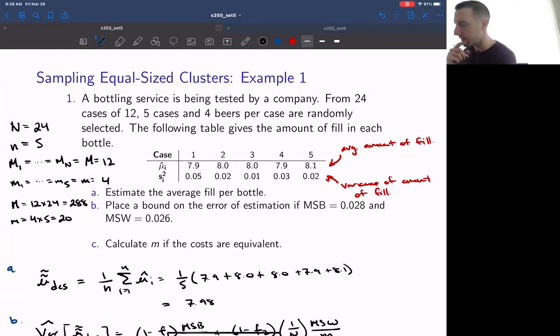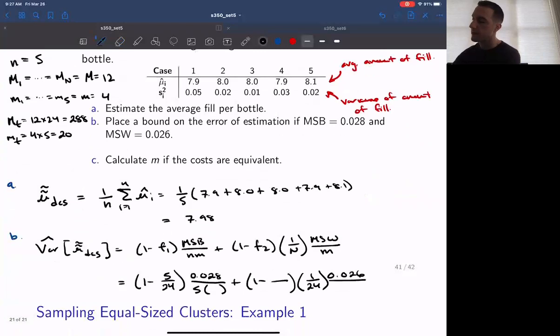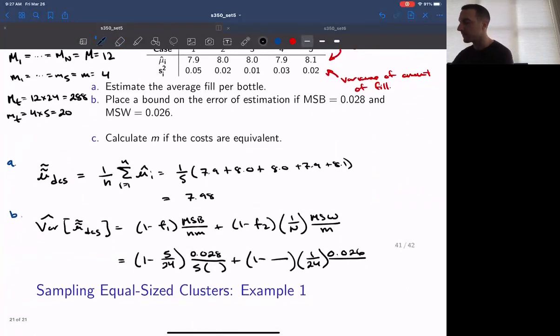And then we can call this mt and little mt, just so that it's clear. So little mt would be the total number of observations across the whole experiment, and capital MT would be the total number of bottles across all the cases. And this way, we just don't get it as mixed up.